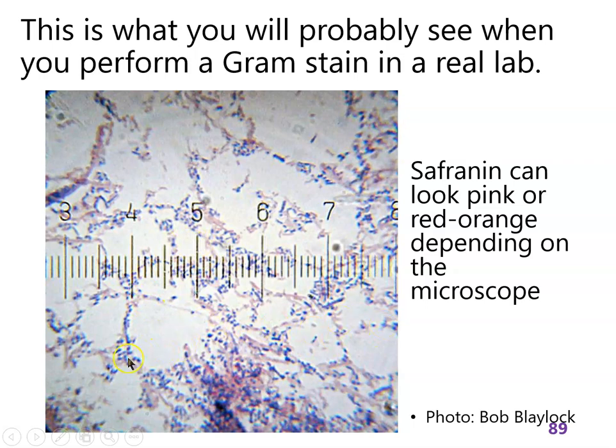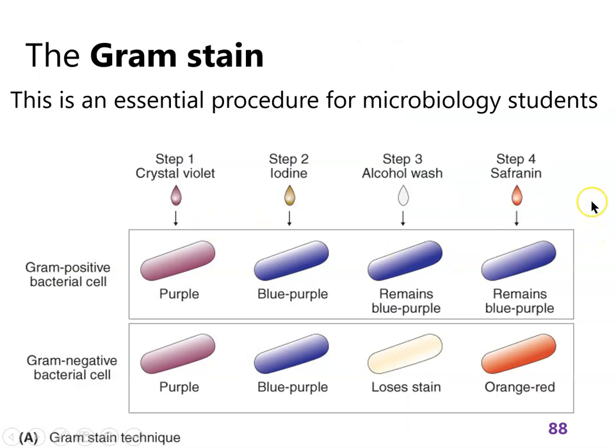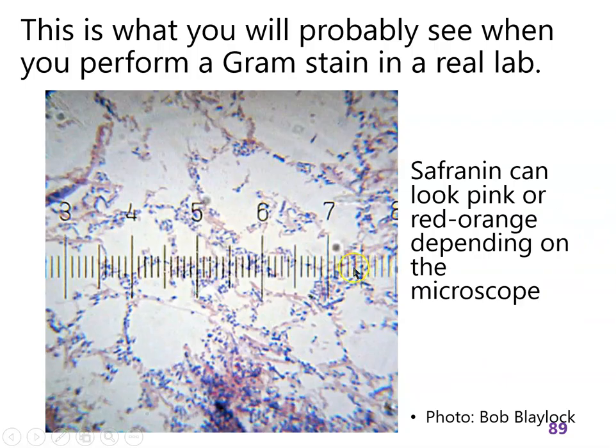So this is a mixture of gram-positive and gram-negative bacteria that have been gram-stained on a microscope slide, and this is what it looks like at the end, where these dark blue gram-positive cells and these pinkish orange gram-negative cells are mixed together. And again, all these steps were done on all those cells to figure out if they're gram-positive or gram-negative.